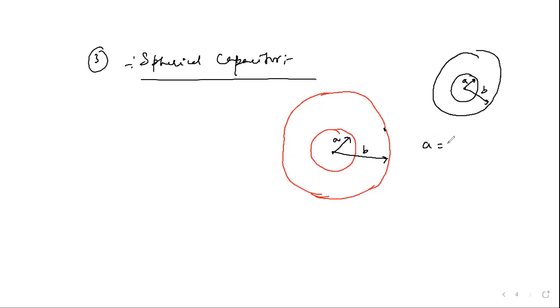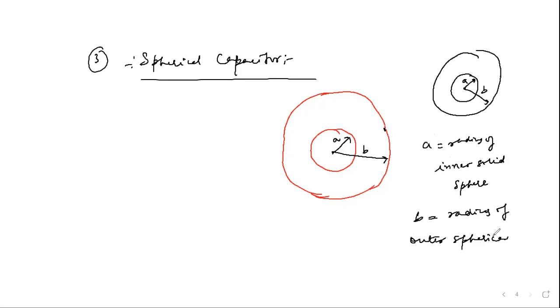So a is the radius of the inner solid sphere, b is the radius of the outer spherical shell. Again, we charge the capacitor.